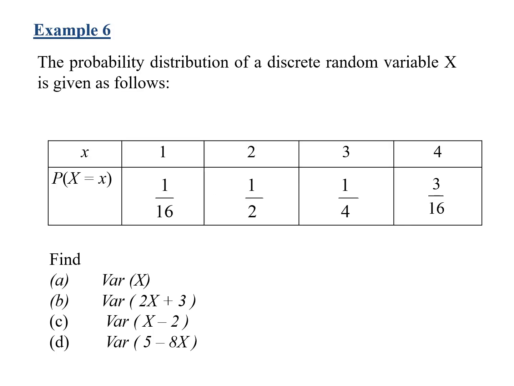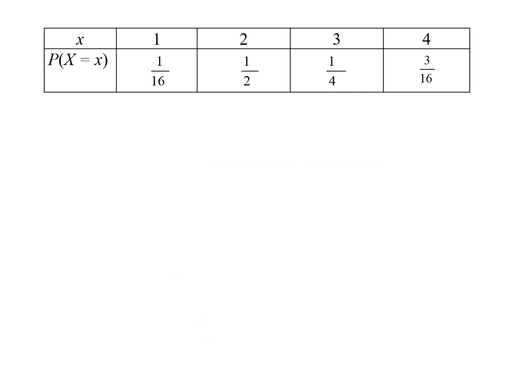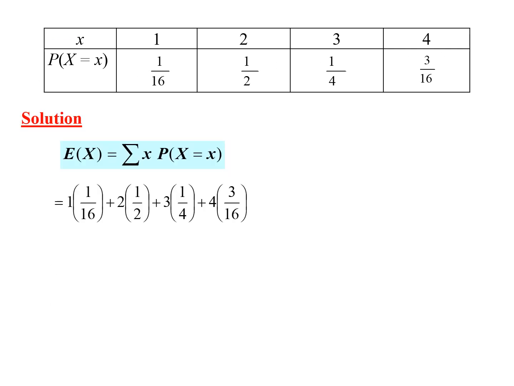Now let us look at example 6. The probability distribution of a discrete random variable X is given as follows. We are going to find Var(X), Var(2X plus 3), Var(X minus 2), and Var(5 minus 8X). For the first one, to get Var(X), we need to find E(X) first using the formula of the expected value.